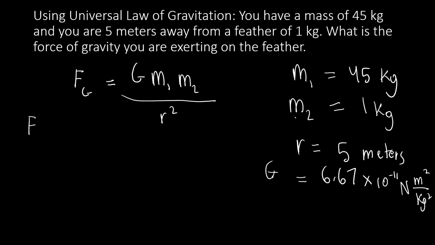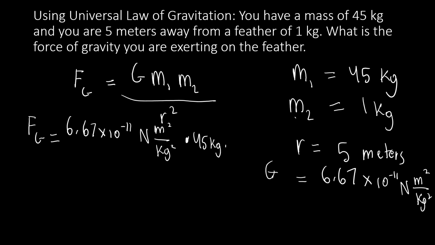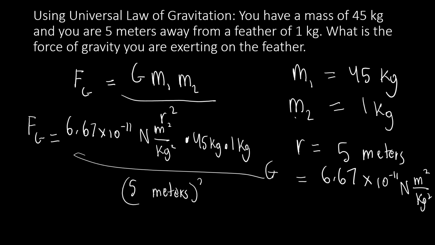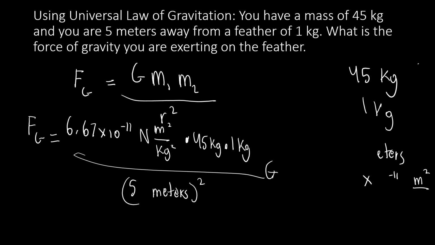So we have the force of gravity is equal to 6.67 times 10 to the power of negative 11 newton meters squared per kg squared, times 45 kg times 1 kg, over 5 meters squared. So now let's erase this to give us some extra space.